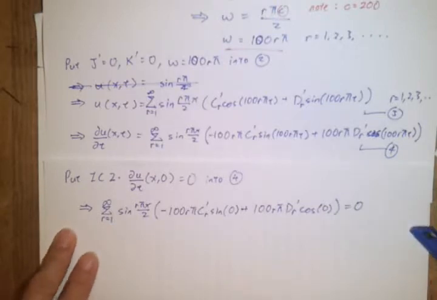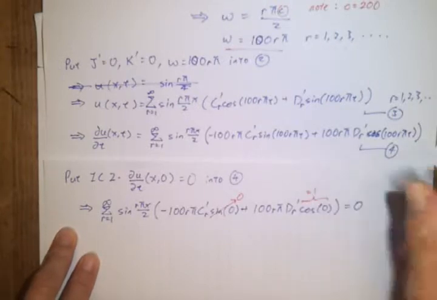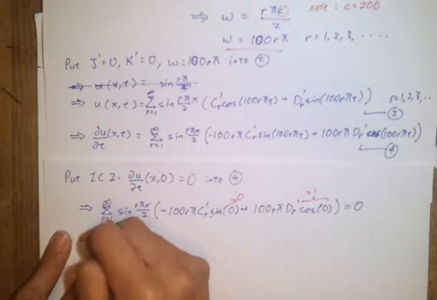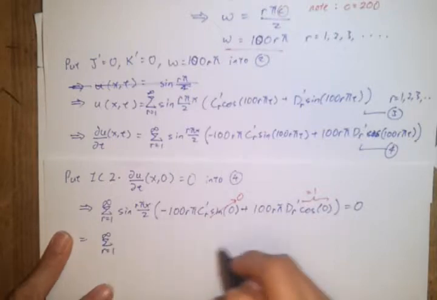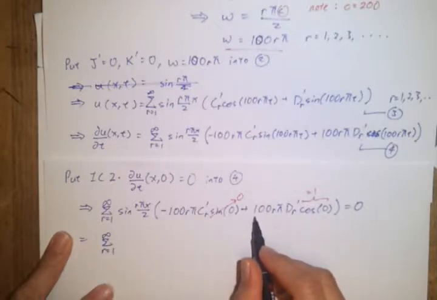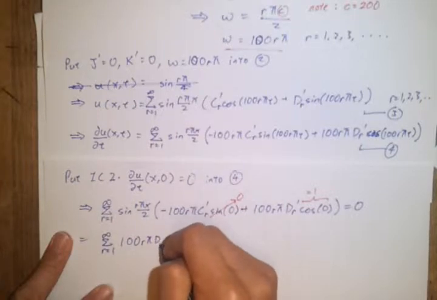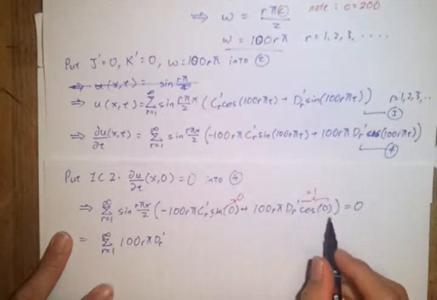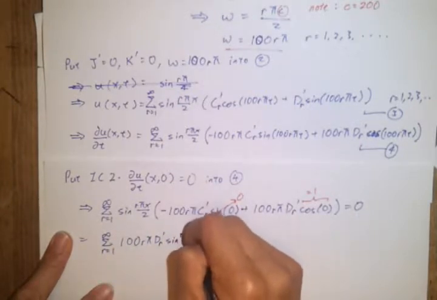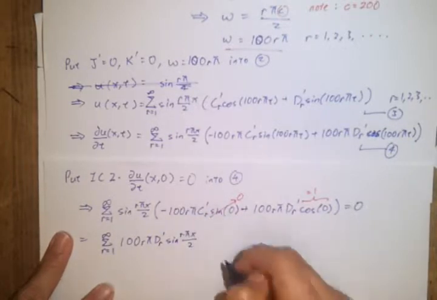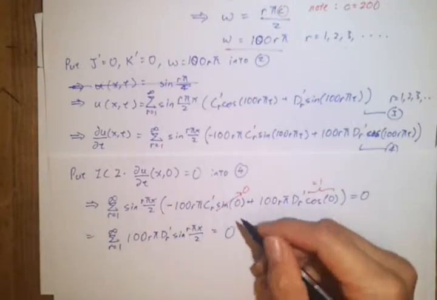Sine 0 is 0, cos 0 is 1. So what we are left with is the summation of 100 r pi d r prime, cos 0 is 1 so I don't have to write it down, times sine r pi x over 2, and this must be 0 for all values of x.